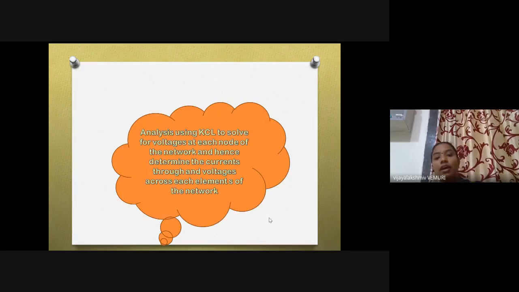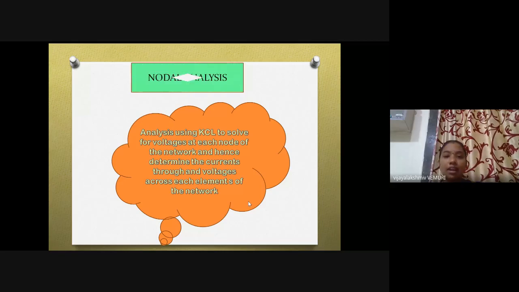Nodal analysis is the analysis using KCL to solve for voltages at each node of the network. That means you need to first of all identify the essential nodes in the circuit. Then you apply KCL at each and every node of the network and hence determine the currents through the branches and voltages across each element of the network.